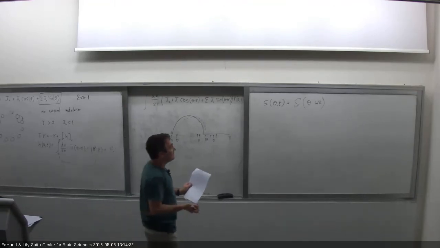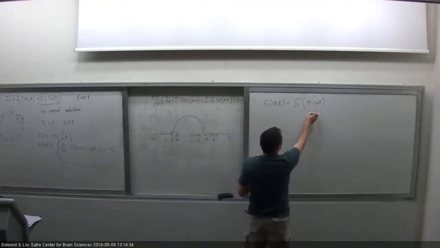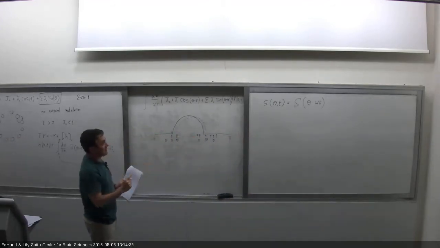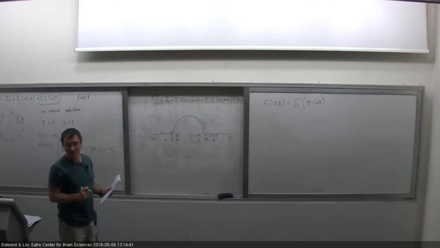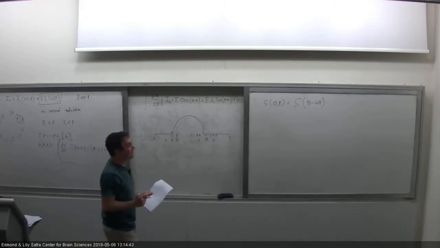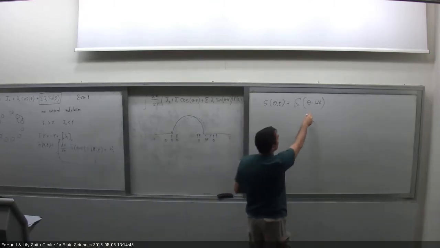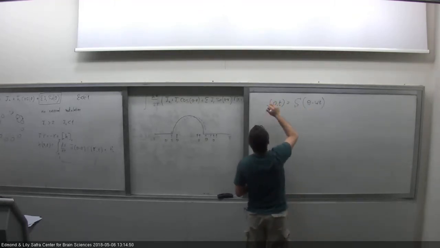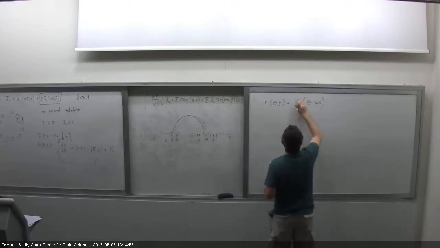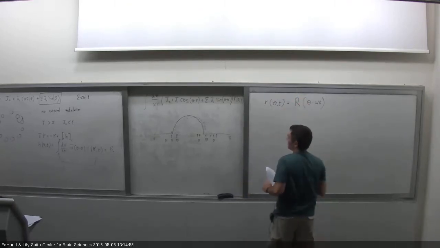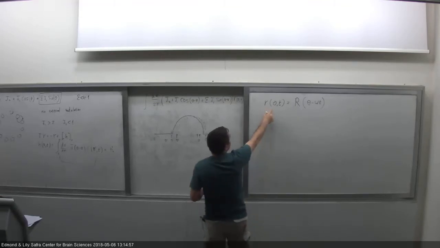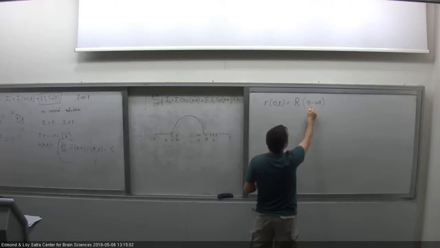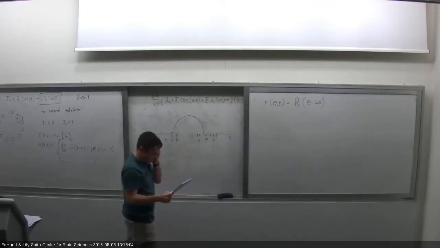Now, clearly, this is an equation of something that is moving along the ring periodically. So the pattern of activity, sorry, let's use these notations. The activity of a neuron theta at time t is equal to some function r of theta minus wt.